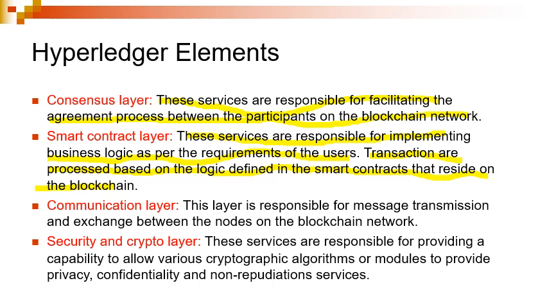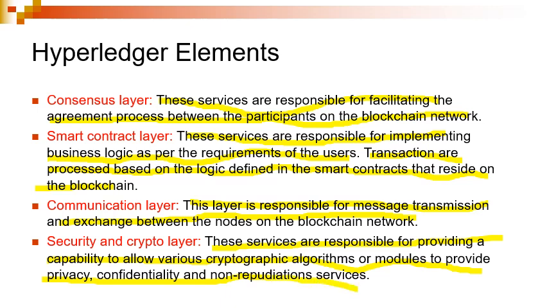Then the communication layer: this layer is responsible for message transmission and exchange between the nodes on the blockchain network. The next layer of the Hyperledger elements is the security and crypto layer. These services are responsible for providing the capability to allow various cryptographic algorithms or modules to provide privacy, confidentiality, and non-repudiation services.